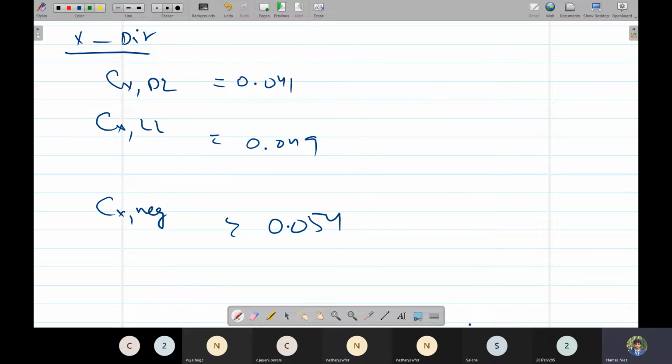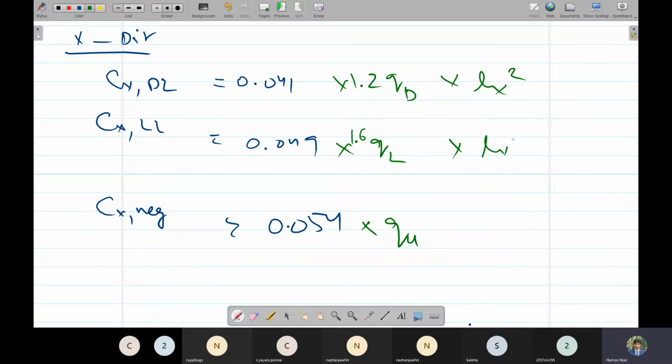We multiply the dead load by 1.2 QD to get the factored dead load. We multiply the live load by 1.6 QL to get the factored live load, and this is similarly the factored load. Then multiply by Lx square, because it is the x direction. Remember that x direction does not mean x like this. It means the shorter direction.